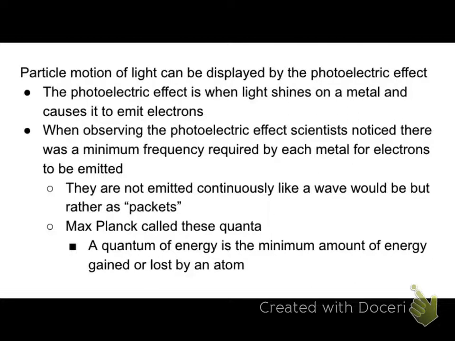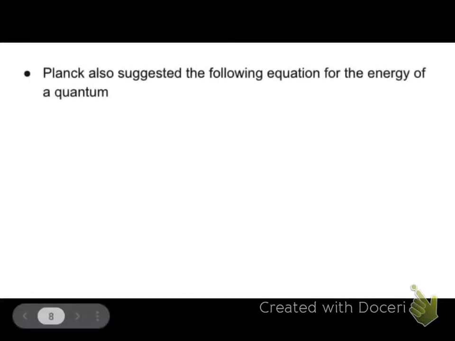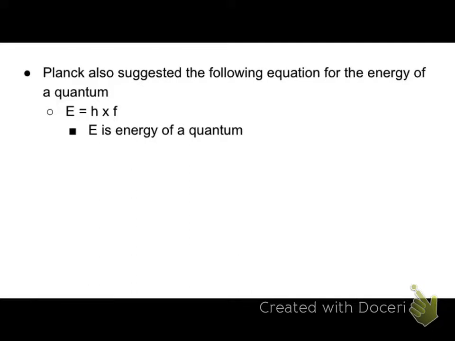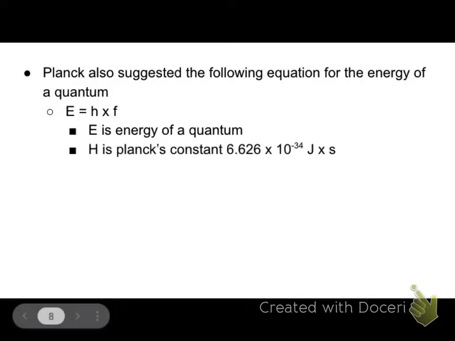So Planck proposes this idea of these quanta that are packets that are being emitted, and he also proposes a way to calculate the energy emitted in a quanta. He suggests the following equation for the energy of a quantum. The energy, E, of the quantum is Planck's constant, a numerical constant that he came up with, which is 6.626 times 10 to the negative 34th joules per second.